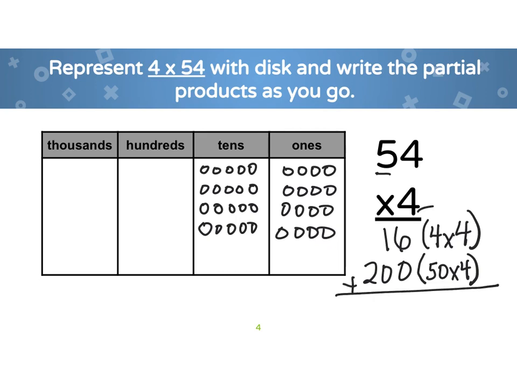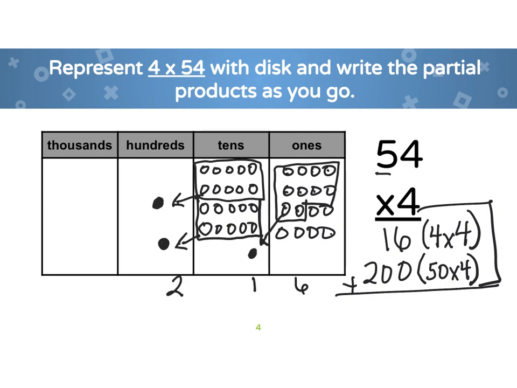So this part right here is what is called the partial product, and I am just representing it on the place value chart with disks. So now I'm going to do my regrouping on the place value chart because I have way more than 9 in my tens column.